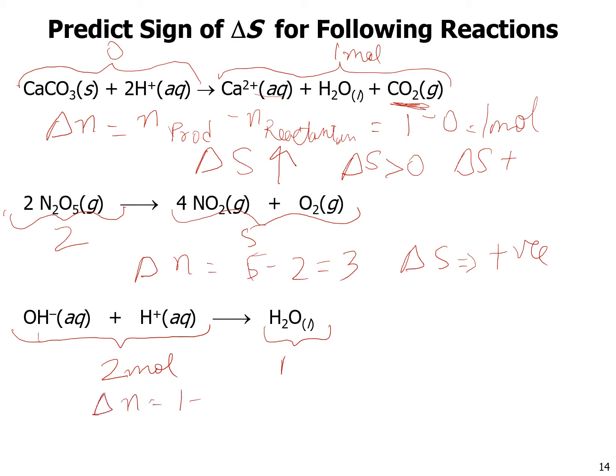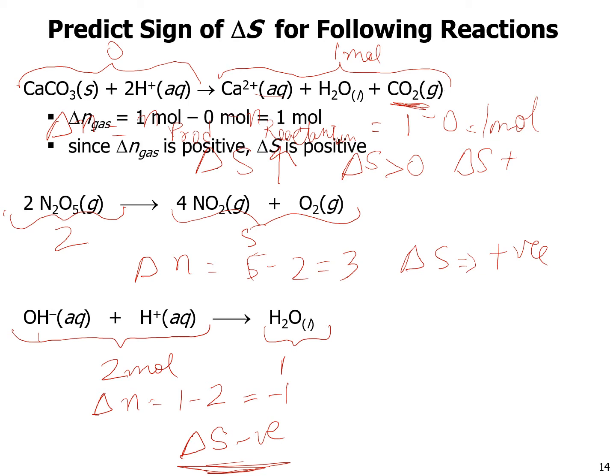It's 1 product minus reactant, which means -1. Since my delta N has a negative sign, which means I'm reducing the number of particles, my sign for delta S is also going to be negative. It would be decreasing the entropy of the system if this reaction goes in the forward direction.